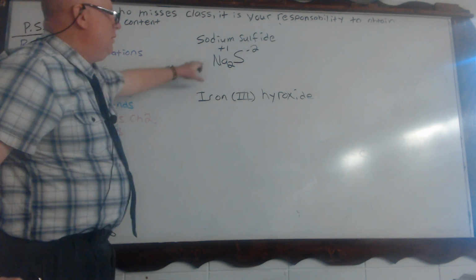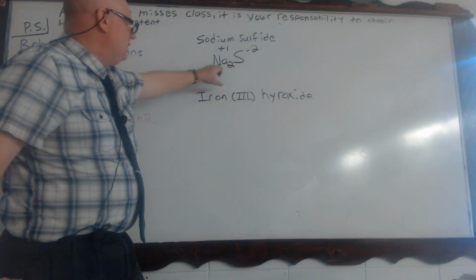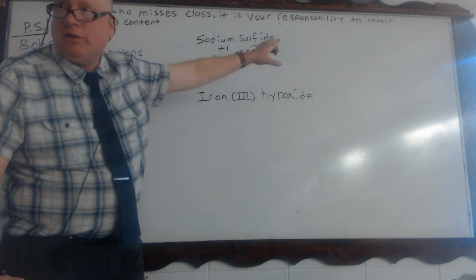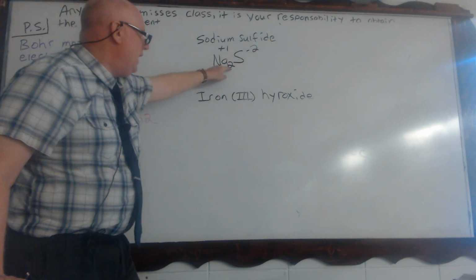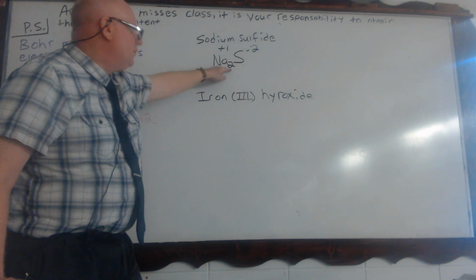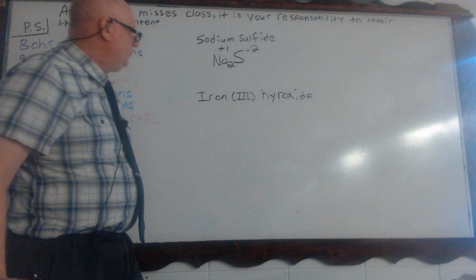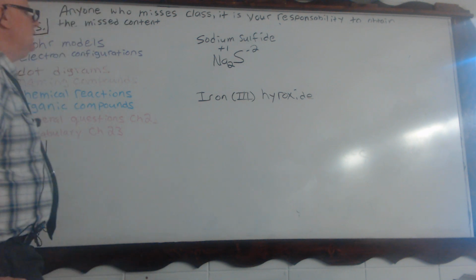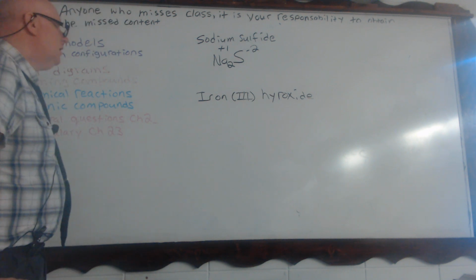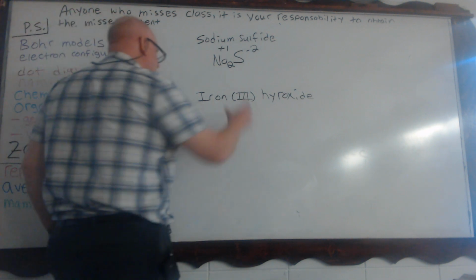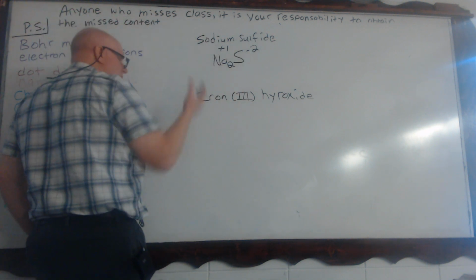We're just rounding these off to the nearest whole number. Sodium has an atomic mass of 23. How many of them do we have? 2. So that gives you 46 plus 32, which would give you what, 78? I think so. So approximately 78 grams per mole, or just 78 atomic mass units, however you want to label that.